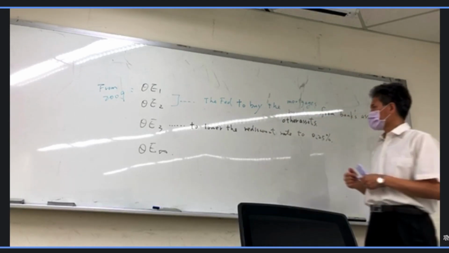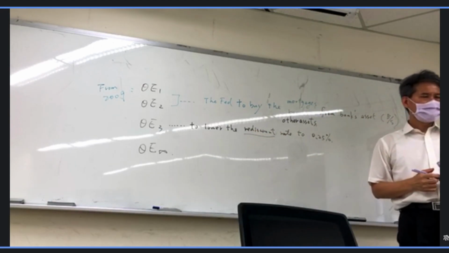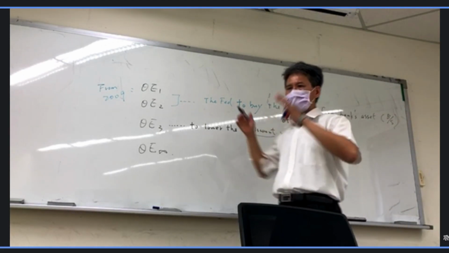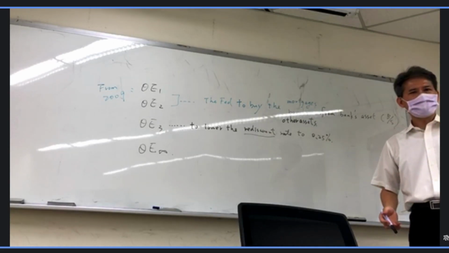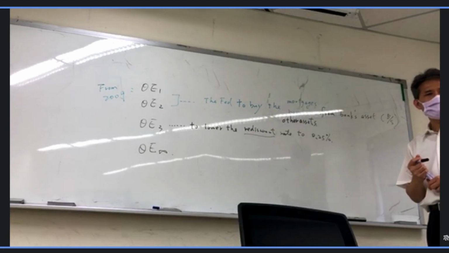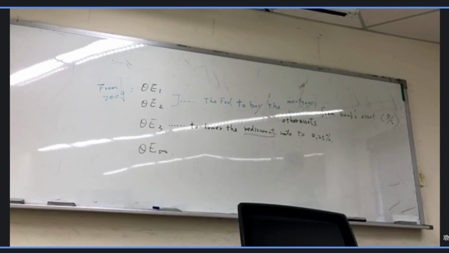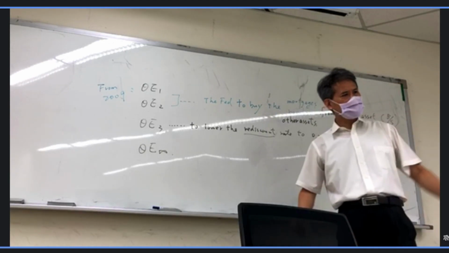So the rediscount rate, we need to know the definition, which is the cost the banking industry pays for borrowing from the Fed or the central bank, which is almost free.